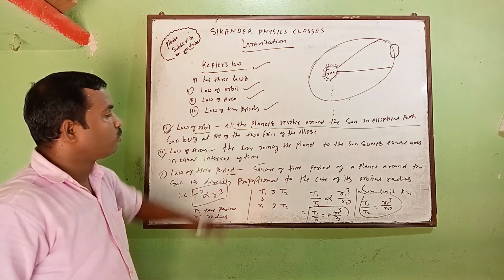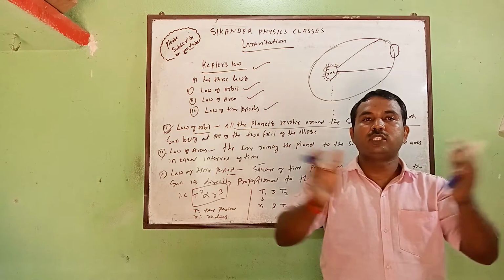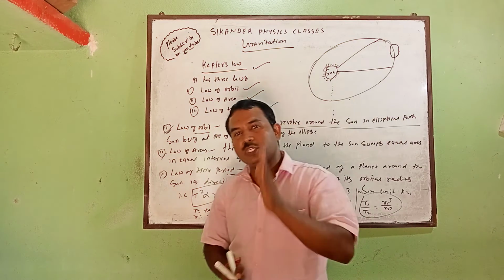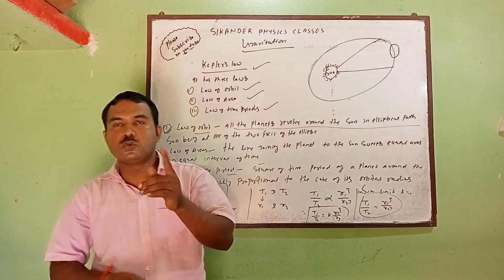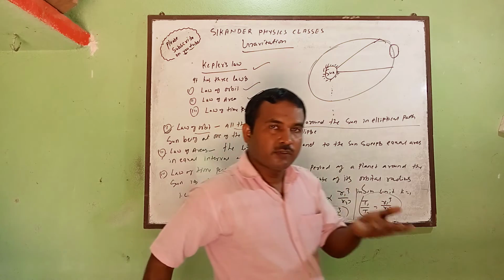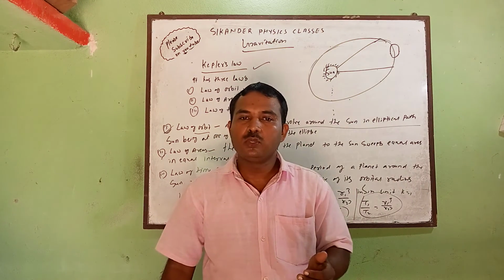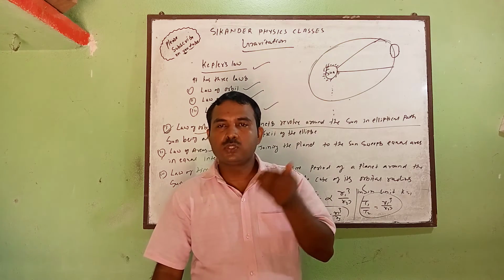According to Kepler's laws of planetary motion, mostly all the planets revolve in circular paths and have some time period to complete it. Some take 365 days, some take less, some take more, according to their distance from the Sun.